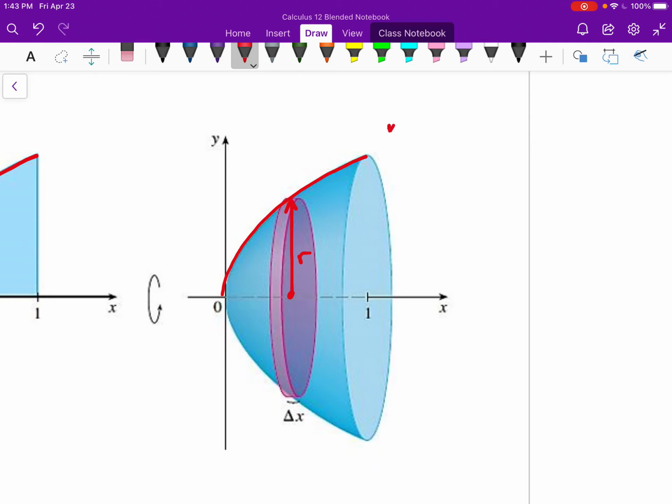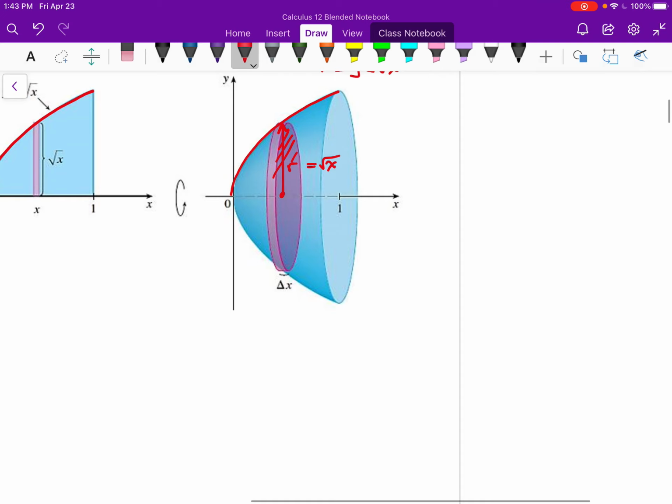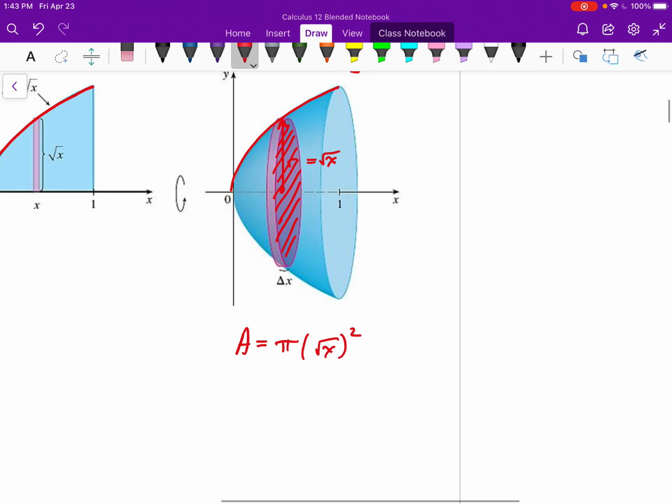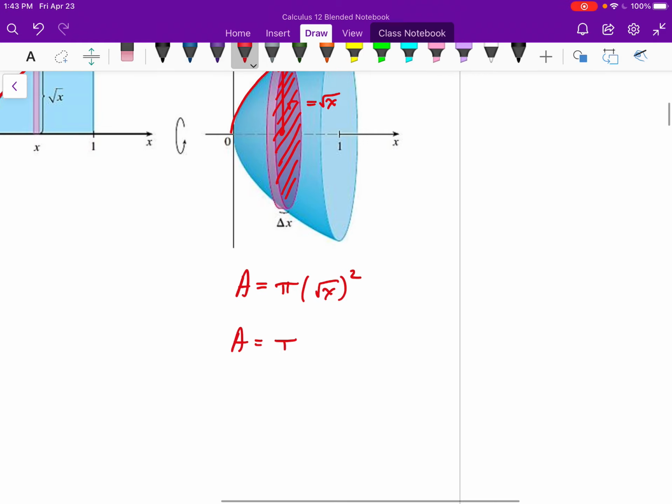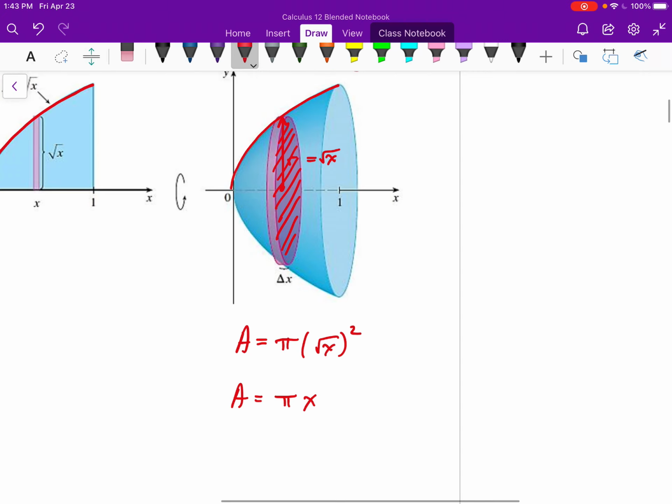So remember, this curve here was y equals root x. And really, your y coordinate is the same as the radius. So the radius of all these disks is the same as root x. And so that means any one of these circles, the area of it is pi times the radius, root x, squared, or just pi times x. So pi times x represents the area of any one of these circles in 3 dimensions going along here.